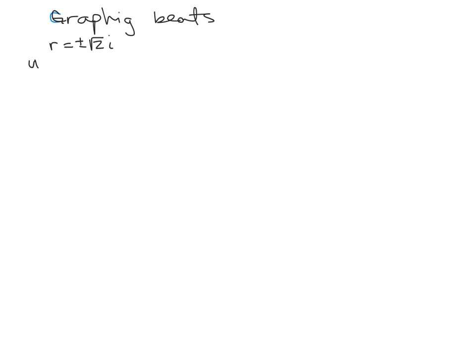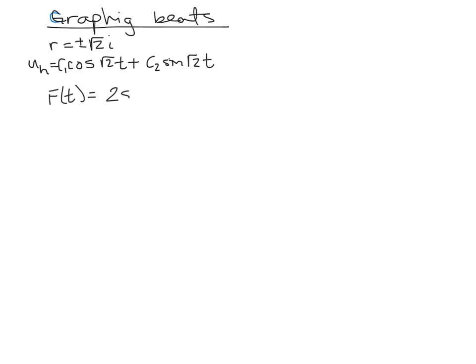So we got that the homogeneous part of the equation had c1 cosine root 2t plus c2 sine of root 2t. So we need that part, and then the other piece that we need is from the natural period. And so I guess we can just go off of the forcing function. The forcing function from that last example was 2 times the sine of t.